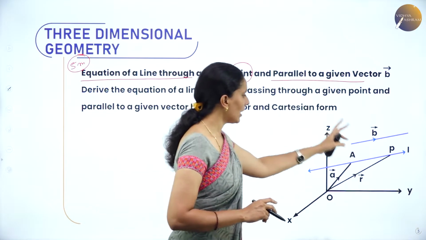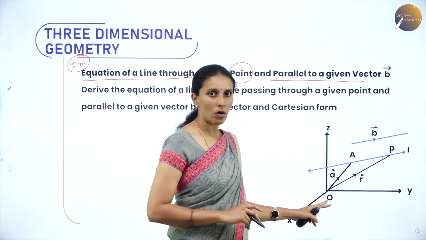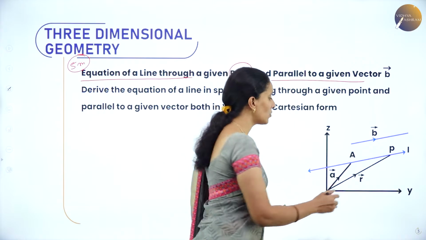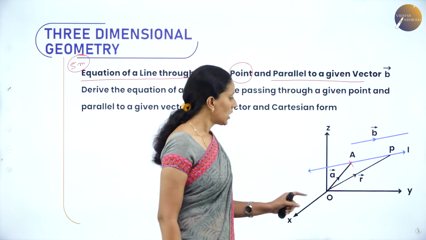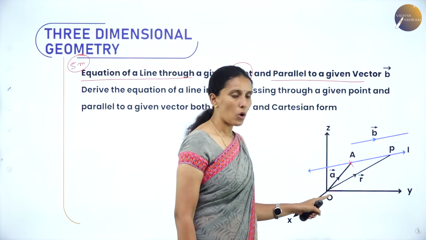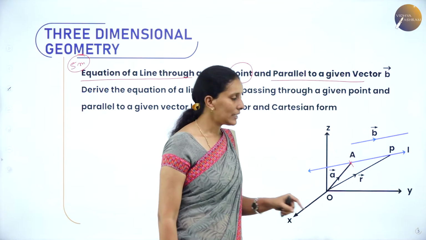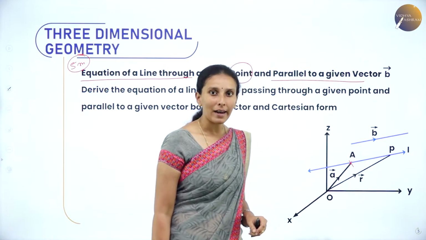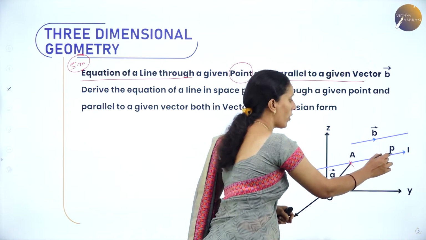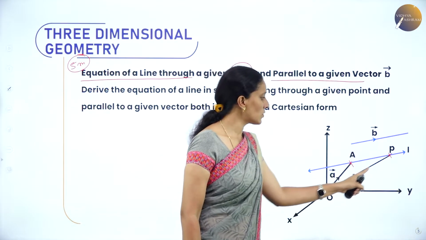Now here I have taken a three-dimensional axis, x-axis, y-axis, z-axis with origin O. Now I will consider a straight line which is passing through the point A. Thus, we can say here vector from O to A, from origin to A represents the position vector of the point A. And consider vector B which is parallel to the given line L. Again, consider an arbitrary point P on the straight line L such that its position vector is OP.